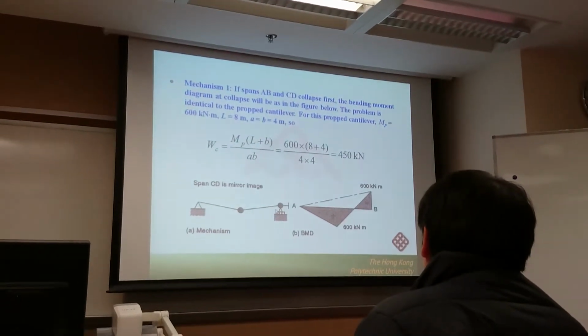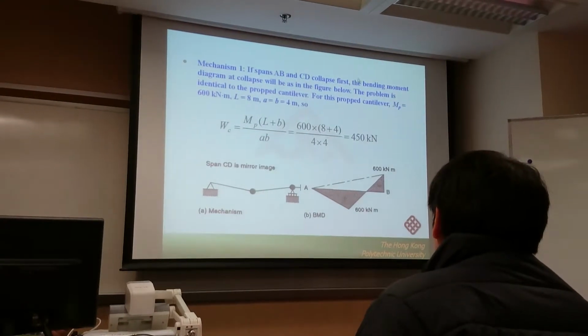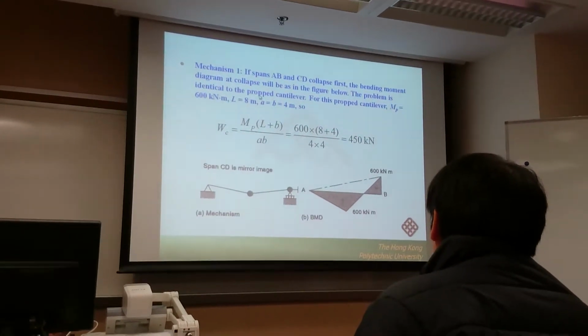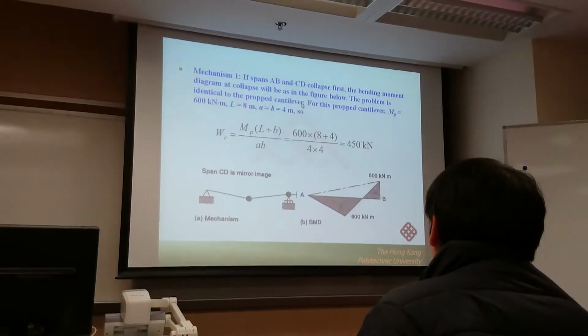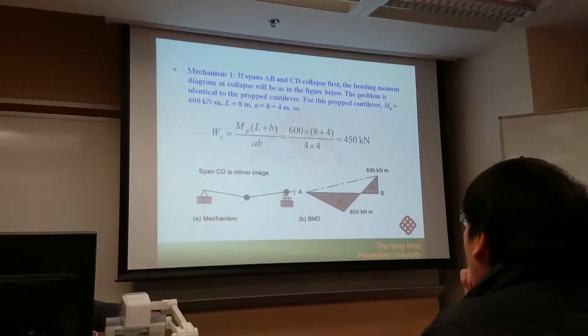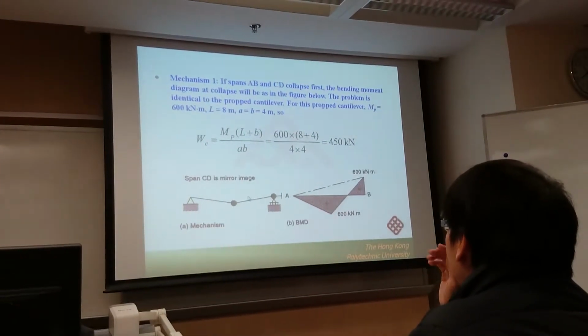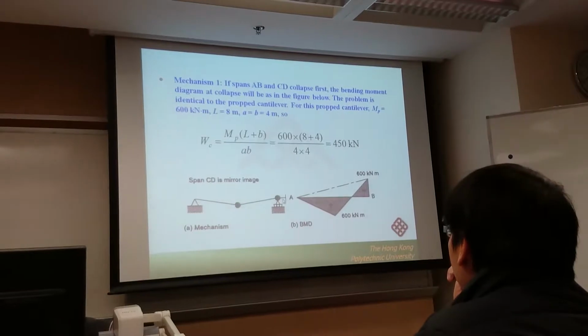This is the same as the previous example, a propped cantilever, because one end is a simple support and the other end is a fixed end. So this is the same as a propped beam structure.